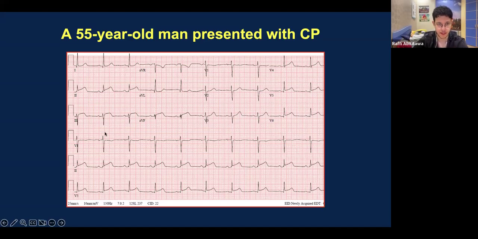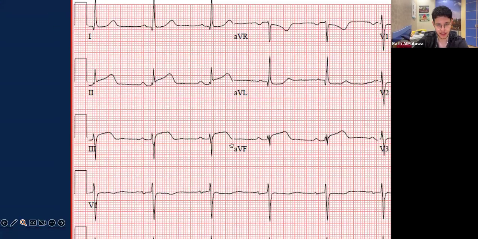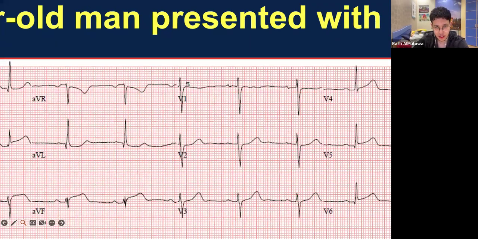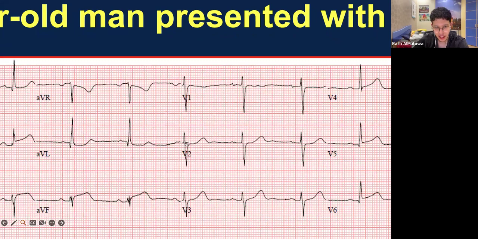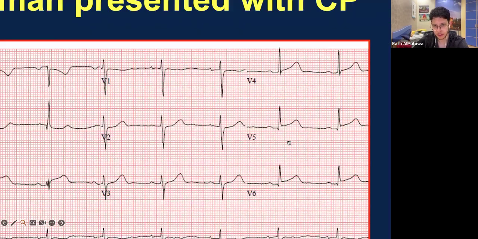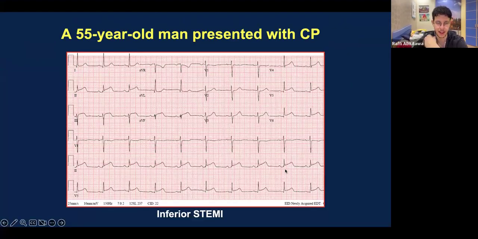How did we know that this is an inferior STEMI? Leads 2, 3, aVF have ST elevations. We can look for reciprocal changes. There is a reciprocal depression in V1 and V2, as well as V3, but not V4. So this is an inferior STEMI.